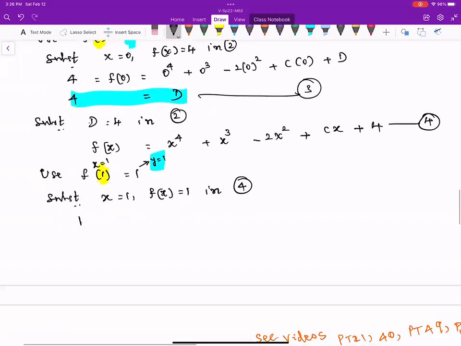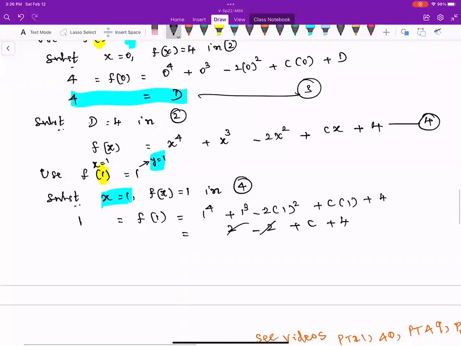So you get 1 equal to f at 1. So we are replacing all the x values with 1. It's 1 to the power 4 plus 1 cube minus 2 times 1 square plus c times 1 plus 4. It's 1 plus 1, 2, minus 2 plus c plus 4. So on the left hand side, it's 1.